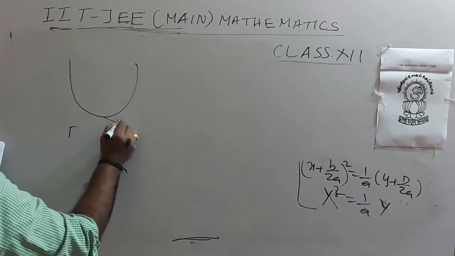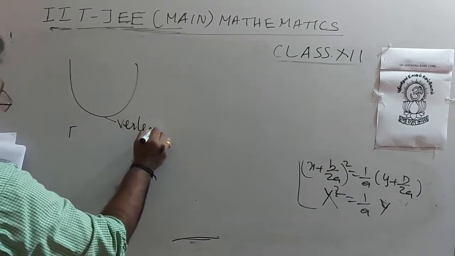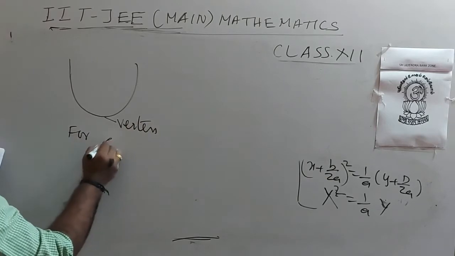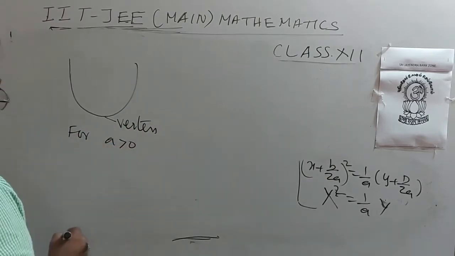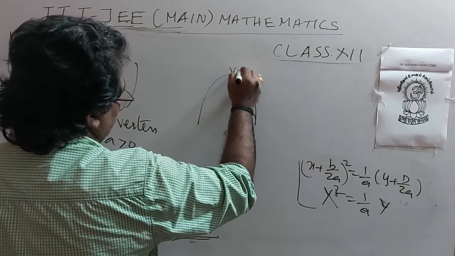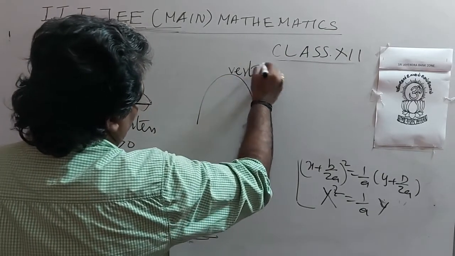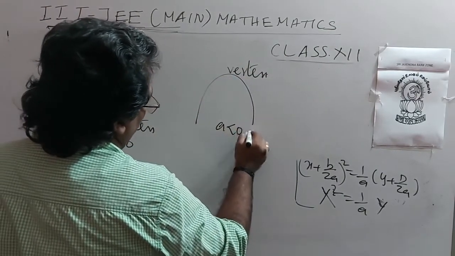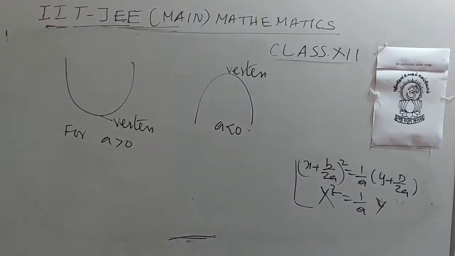This is the vertex for a greater than 0. This is the vertex for a less than 0.